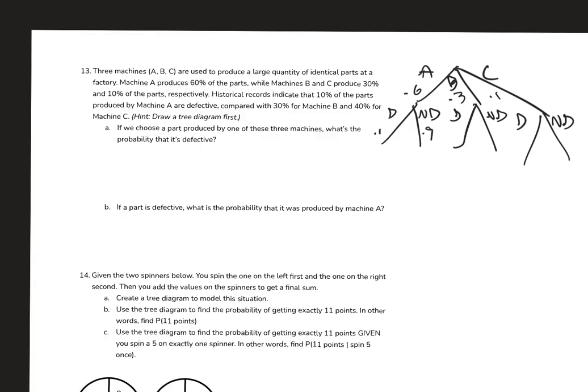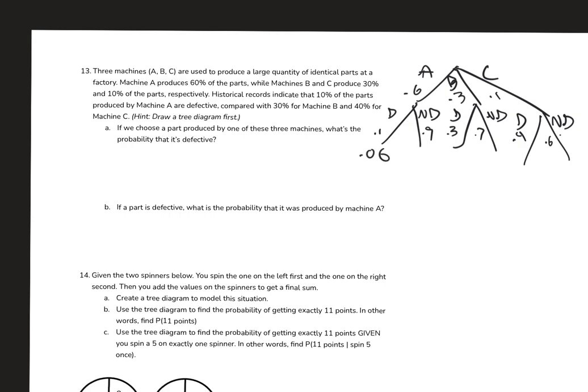For machine B, on the other hand, we have 0.3 defective and we have 0.7 not defective, and for C, it's 0.4 and 0.6.